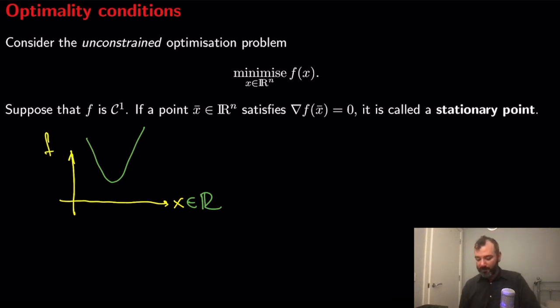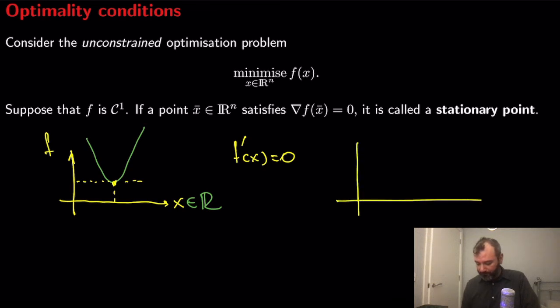What do you do? I suppose you know Fermat's theorem, or you might not know it by this name, but I'm sure that the first thing that will come to your mind will be to take the derivative of that function and set it equal to 0. So maybe, if you do that, you will find the minimum or a minimum of this function. You might not, however, because your function might look like this, in which case you will find a maximum if you set the derivative equal to 0.